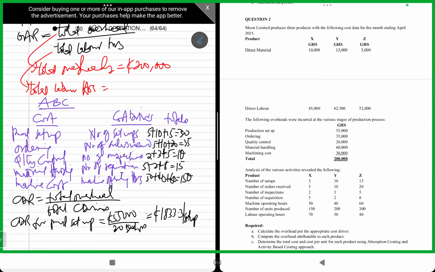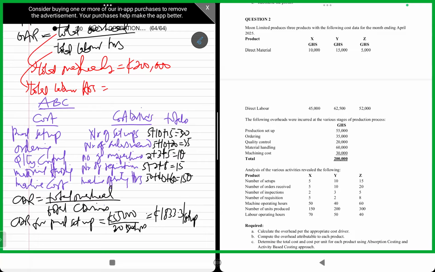You can do this for ordering, so you find the CDR for ordering. You find the CDR for quality control. You find the CDR for material handling. You find the CDR for machine. I'm not going to do that. Are you good? Good. You can find it for all of them. It is cool, but that method is a long method.